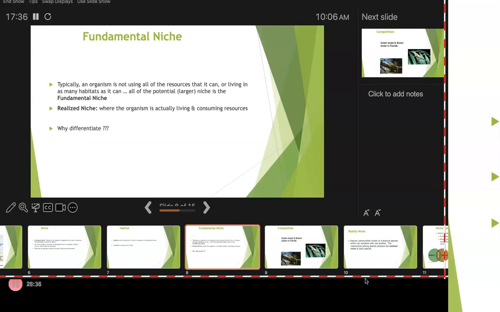Why might you not be in some of your other available niches? Let's say you had the choice to live in a couple different places. What reason or reasons might put you into your realized niche instead? Kind of a weird question, but think about it for a minute or two.